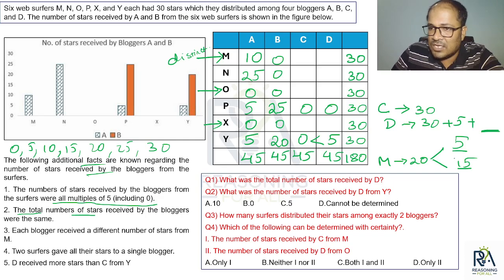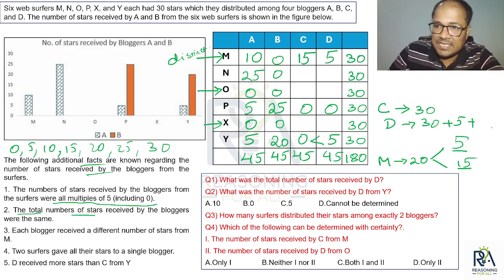So can I conclude that of the 15 stars that M is going to distribute between C and D, M cannot give this 15 stars to D? Because if M gives this 15 stars to D, D's total stars would add up to 50, which is not allowed, right? So that concludes, here I'll have 15 for C and here I'll have 5.